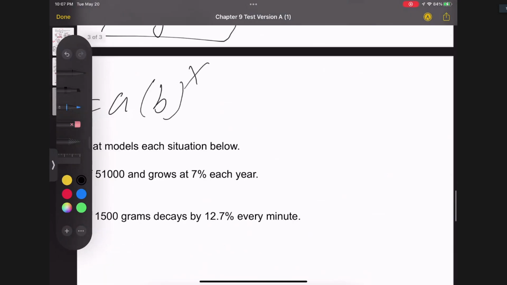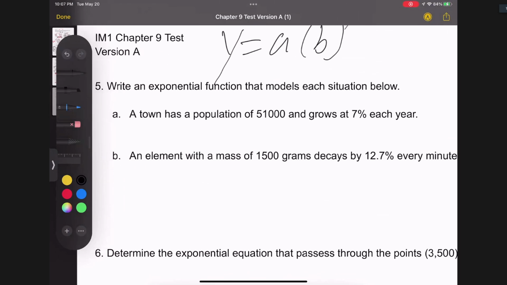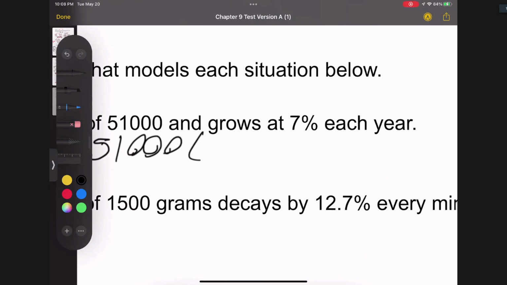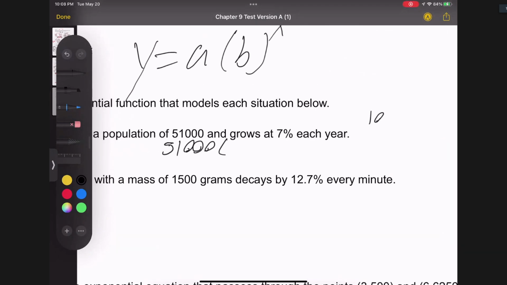Now, in this case, what am I starting with? Well, I'm starting with 51,000. And what am I going up by? 7%. So if I were to go up by 7%, I'm going to be at 107%.